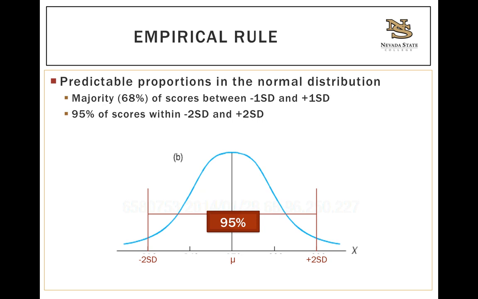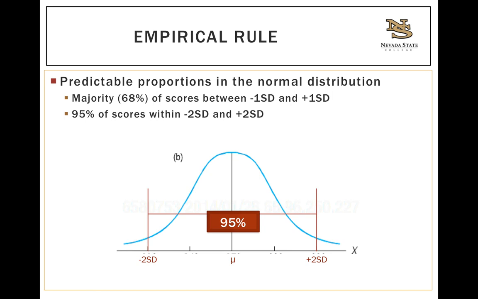If it's 5, 500, 5 million, it doesn't matter. You can tell I'm getting very excited by this because no matter what, 95% of your participants will fall within those two numbers. Now, of course, those two numbers will be different depending on what your standard deviation is. So if your standard deviation is 5, then this number out here will be 10, and this number out here will be -10, assuming that our mean is 0.